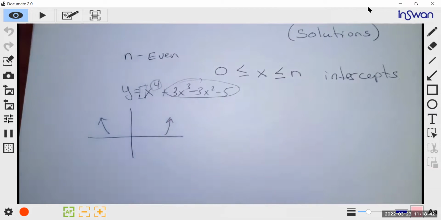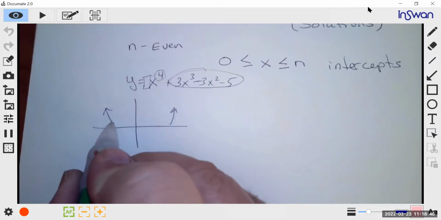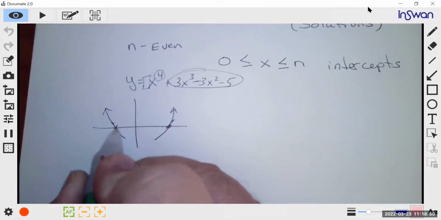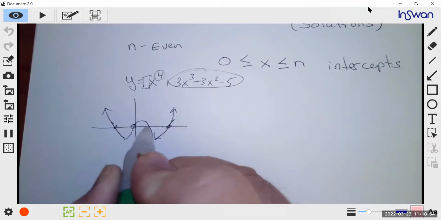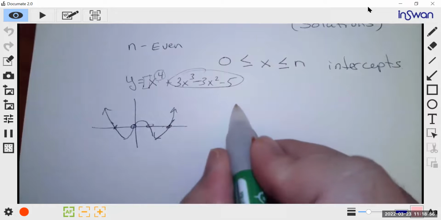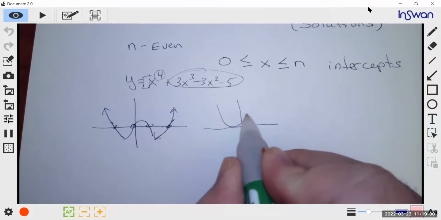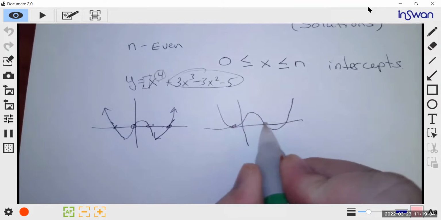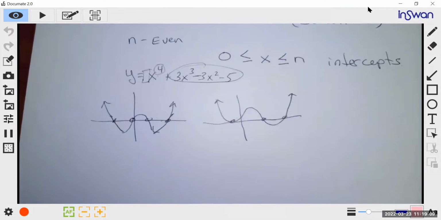We know the graph is going to look like that. So it tells us we're going to have 4 intercepts: 1, 2, 3, 4. We can have 3 x-intercepts: one touch at one point and cross at 2.